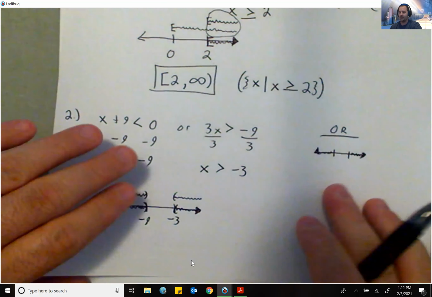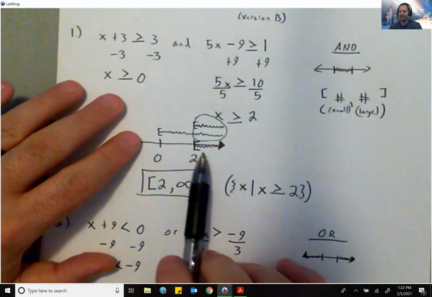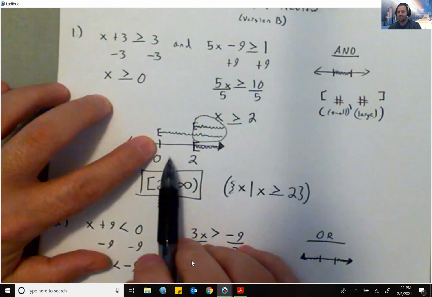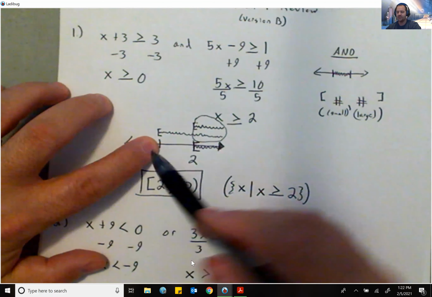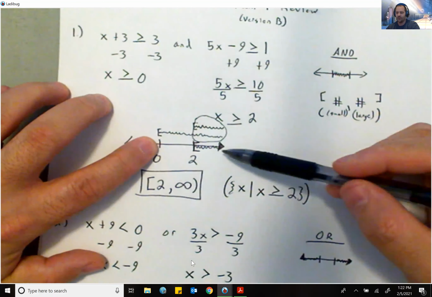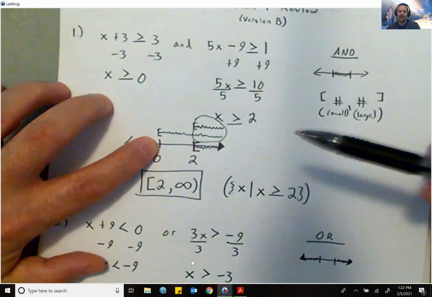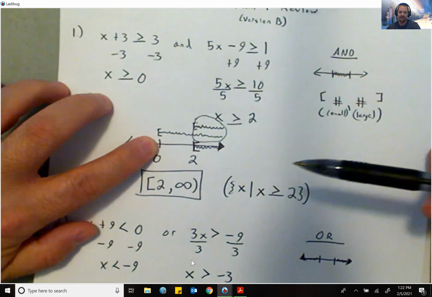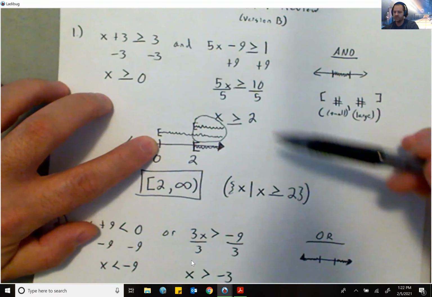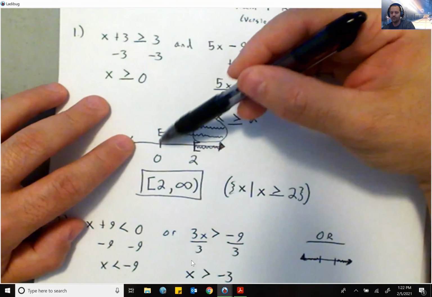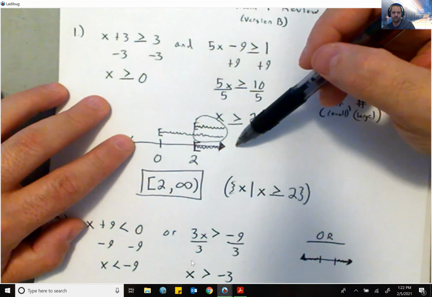Like for instance, up here, if I was to graph an OR answer, I would have had a bracket at 0 and shaded this direction. Even though they overlap there, that's okay, because ORs say, give me an answer wherever there is shading. I want everybody. So an OR answer to this one would have started at 0 and went to positive infinity.